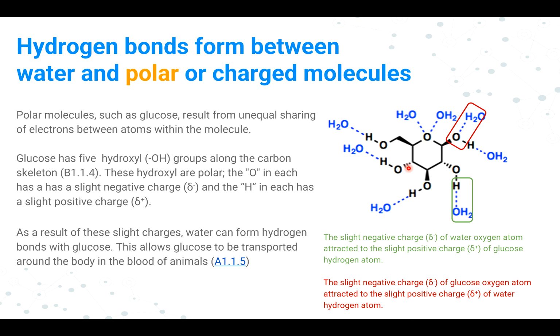These hydroxyl groups of the glucose molecule combine with the hydrogen of the water molecule by hydrogen bond, and all this interaction is due to the charges. As a result of this charge, water can form hydrogen bonds with the glucose molecule, and this makes the glucose molecule easy to get transported through blood in animals.